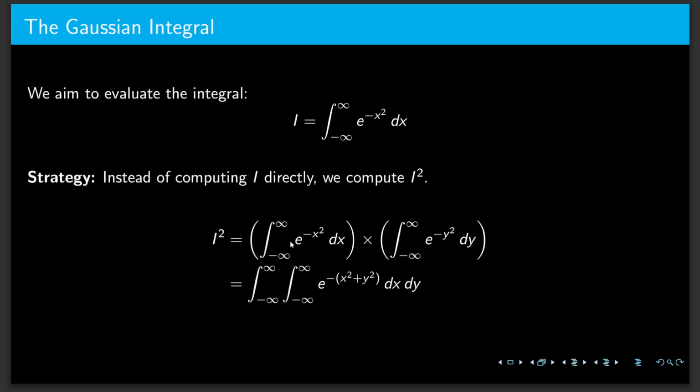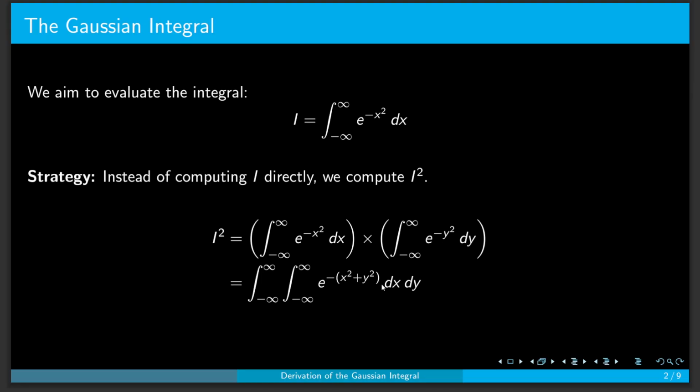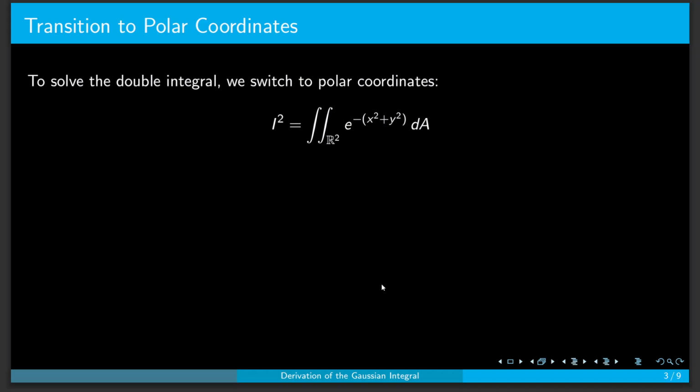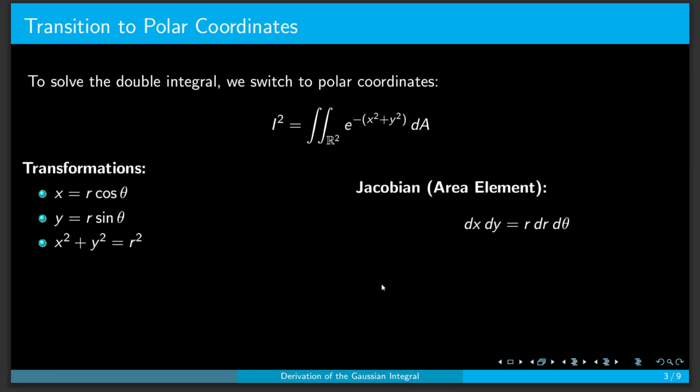It is similar, so we just multiply them, and we get I squared like this. Now on further simplifying, we have e raised to minus bracket x squared plus y squared bracket close, like this term.